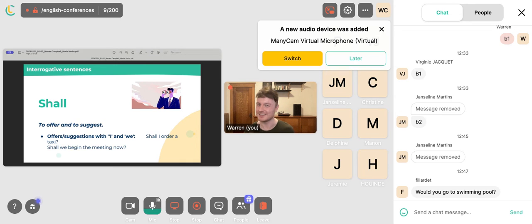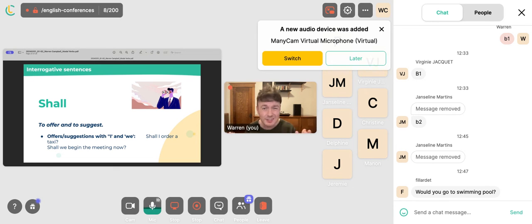So I did tell you there's going to be many examples today. So with shall, as well, okay? So shall we use to offer and to suggest, okay? You can use it to talk about the future in some contexts, but honestly speaking, we don't really do this anymore in English, okay?